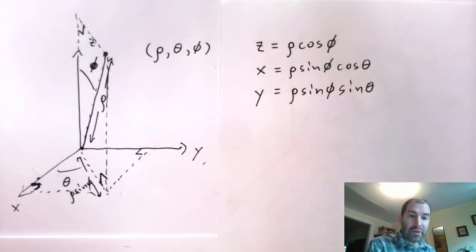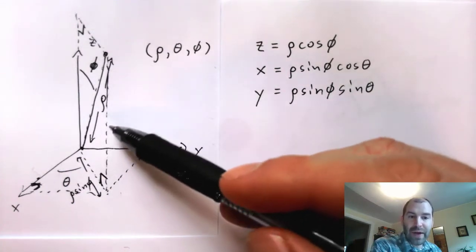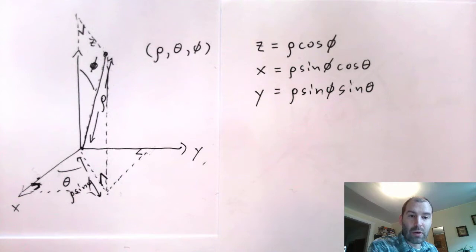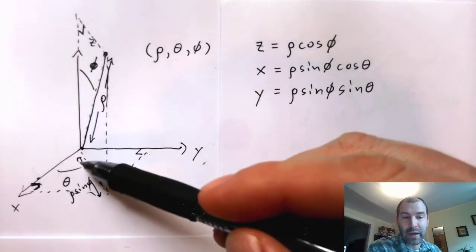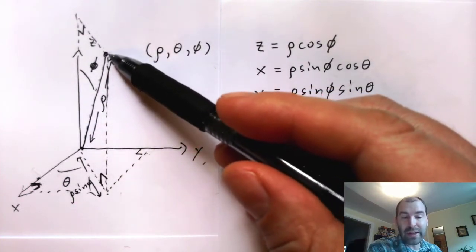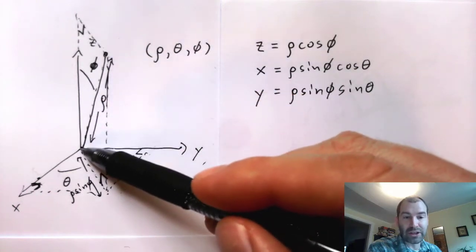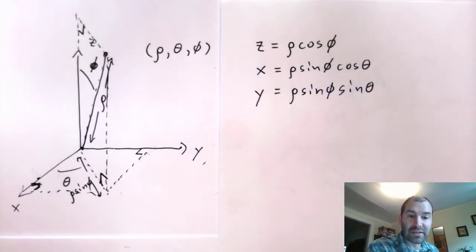One more thing that we can see from this, which is worth mentioning, is this fact which will let us convert the other way, so from Cartesian to spherical a little bit. All right. So if we look at this distance here, this is rho. This is the distance that this point is from the origin. And we know how to compute a distance between a point and the origin in Cartesian coordinates.